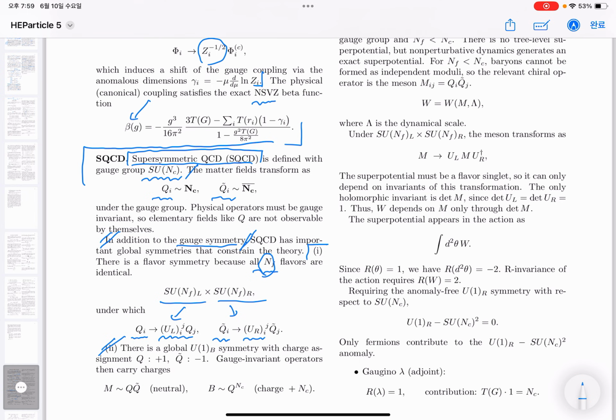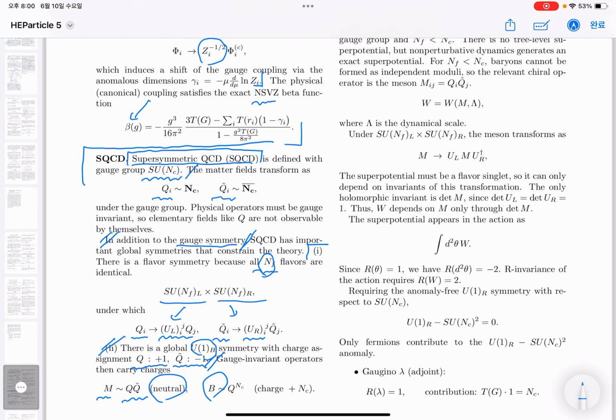We can also add an additional global symmetry, called U(1)_B, for the baryon number. The matter fields are assigned baryon number +1 and the anti-matter fields are assigned -1. Then the meson, which consists of quarks and antiquarks, is neutral.